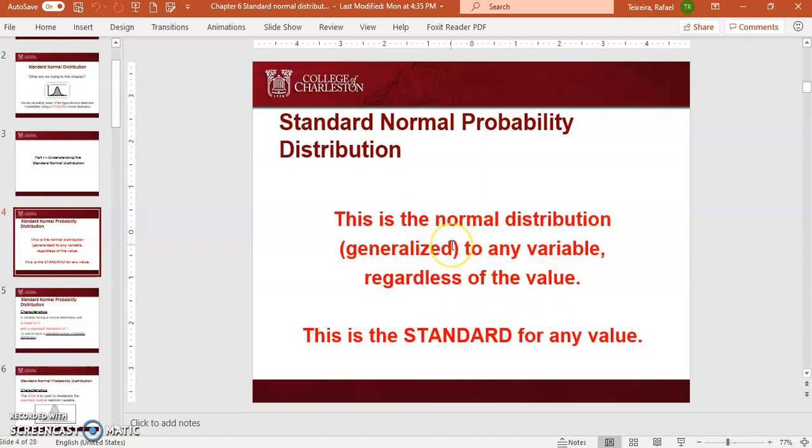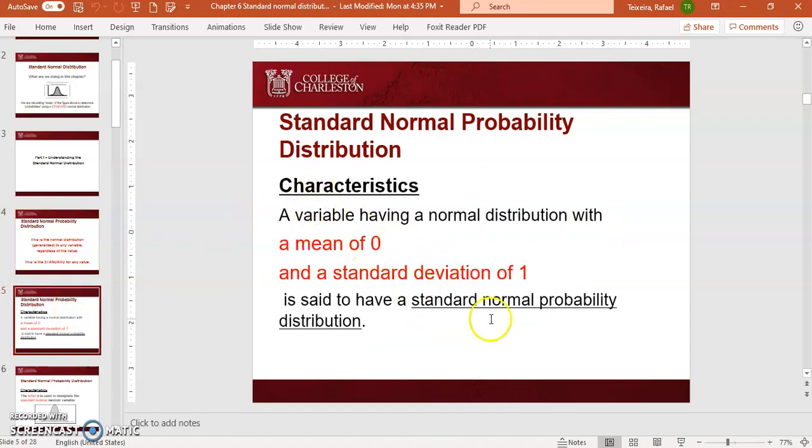What we are doing with the standard normal probability is having, for example, height of people turning to a mean of 0 and a standard deviation of 1. We are getting the test score of students and turning to a mean of 0 and a standard deviation of 1, and so on. We can get any variable and turn it into a mean of 0 and a standard deviation of 1. Okay, this is what I'm talking about here.